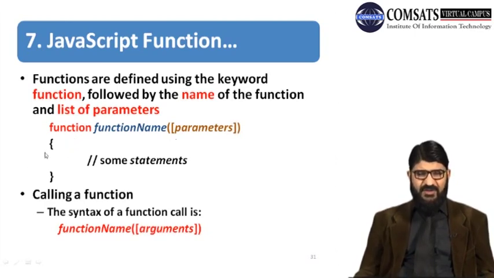Then the start of the function and the end of the function, and in that, mention the statements for the function. How to call a function? The syntax of calling a function is to write the function name, then write the arguments required to call the function, and then the bracket is closed.